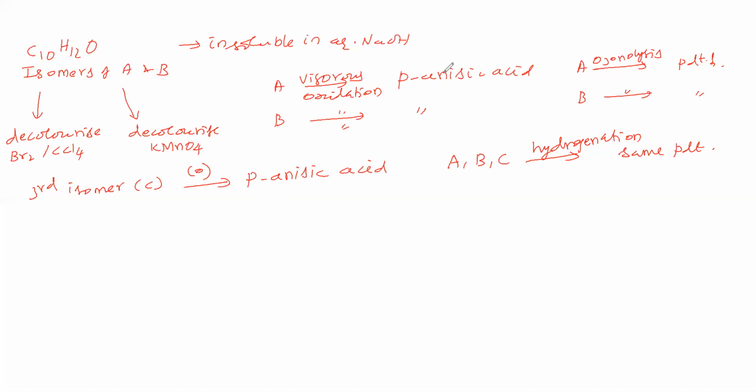For that, what is the evidence? They said para-anisic acid. What is the formula? First we will take anisole. Anisole is benzene with OCH3. Para-anisic acid, acid in the sense carboxylic acid, means at the para position a carboxylic acid is there.